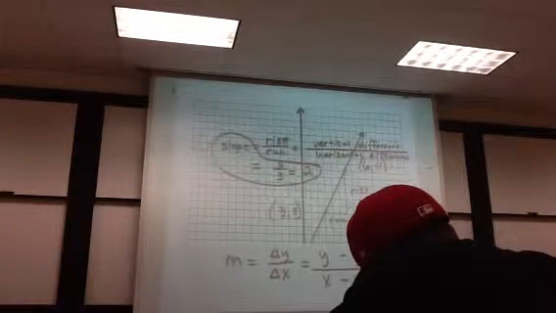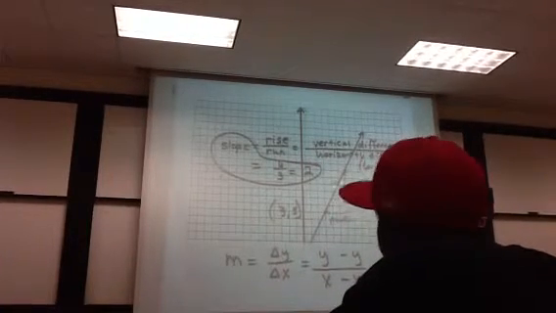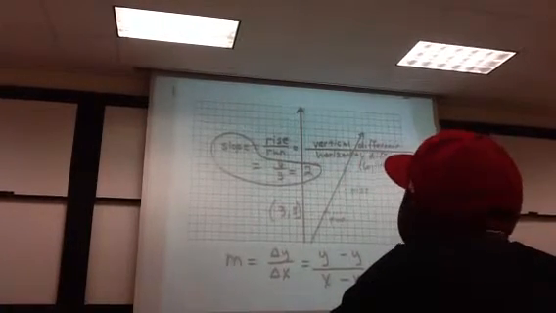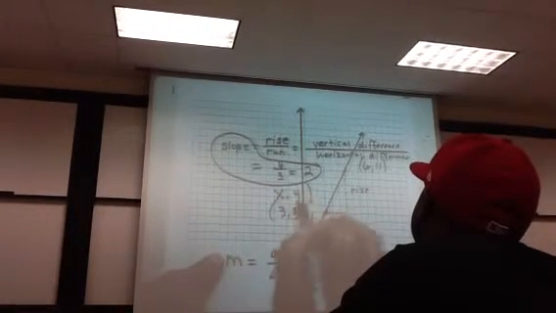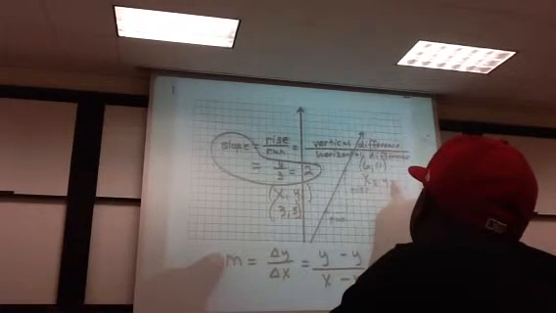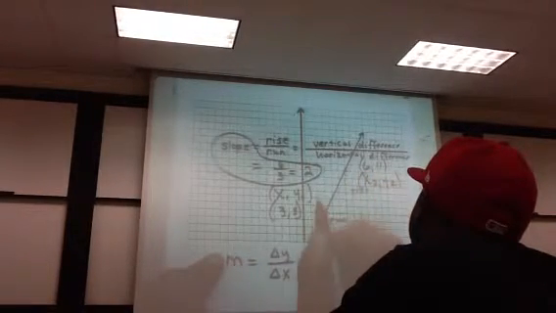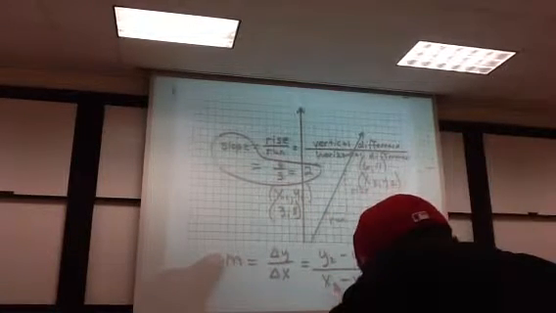But hang on just a doggone second, that's confusing. Unless we do exactly what we did on the distance formula, this guy's going to be (x1, y1) and this guy's going to be (x2, y2). So it's going to be y2 minus y1 over x2 minus x1.